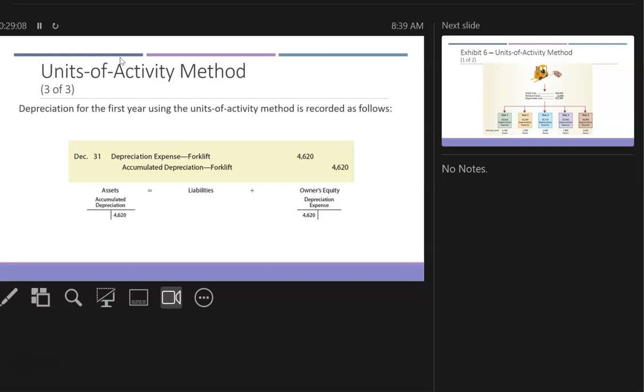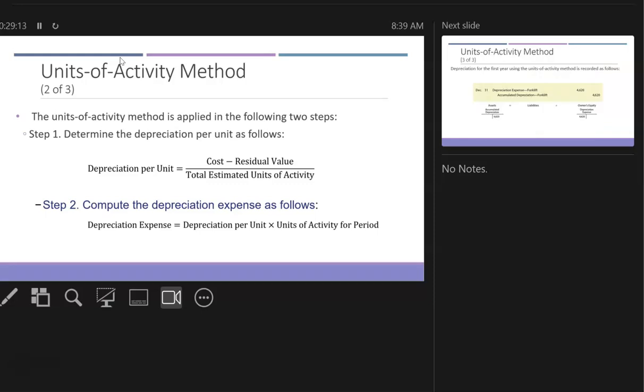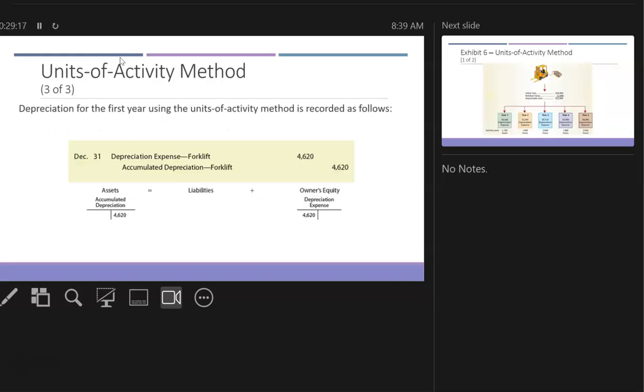For the forklift, based on units of activity, say they figured it based on hours, and they're coming up with so much per hour. The depreciation expense on the forklift is $4,620, and the accumulated depreciation for the forklift is $4,620.